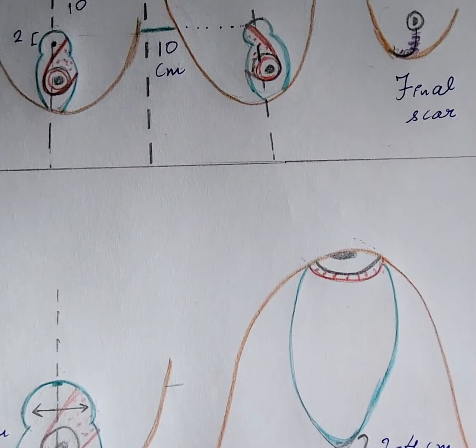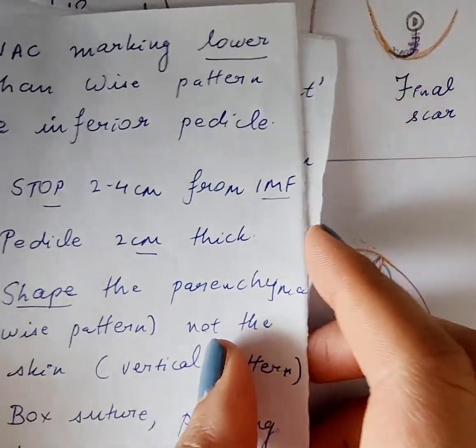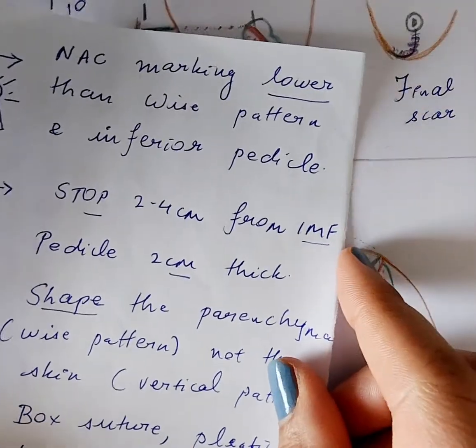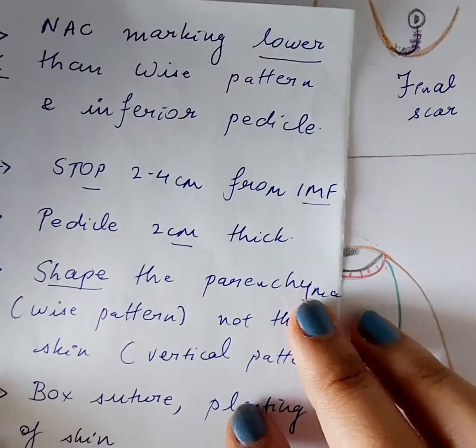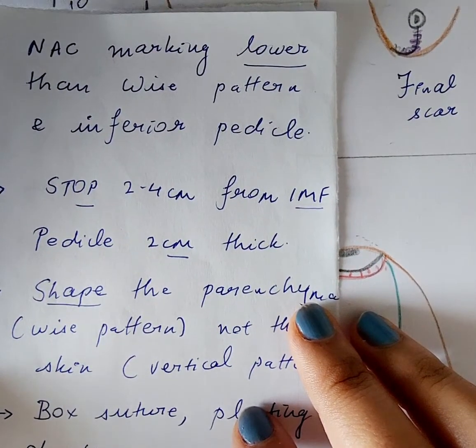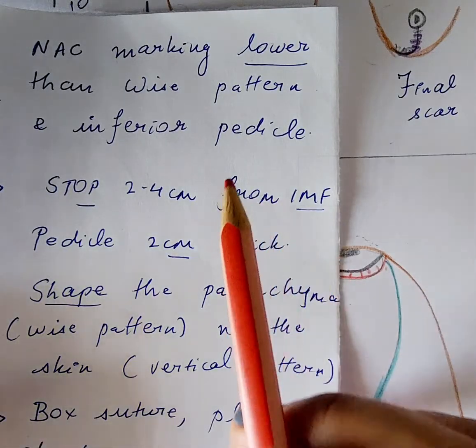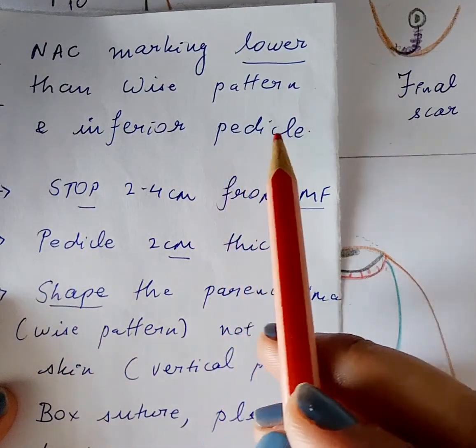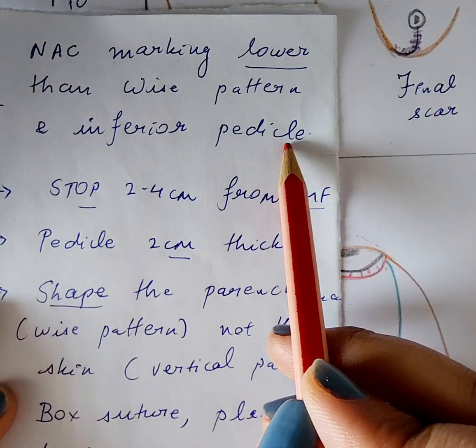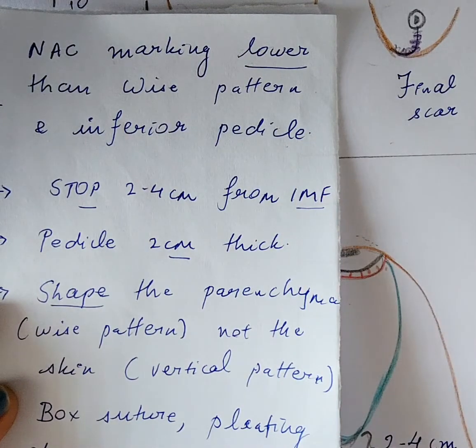So we will quickly recall the important points and how this distinguishes itself from the inferior pedicle and the Weiss pattern. In this technique, the NAC marking is lower as compared to the Weiss pattern and inferior pedicle, because otherwise the breast tissue tends to ride up, pushing the NAC even further up.